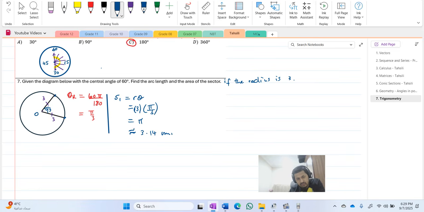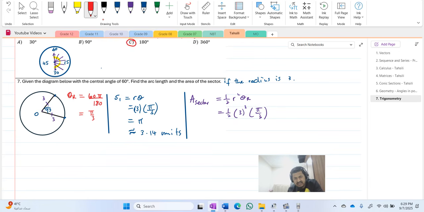Next, if we want to find the area of the sector, the area of the sector is equal to half r squared theta in radians. What's r squared? That's 3 squared, and theta in radians is pi by 3. So 3 squared is 9, over 2, times pi by 3. That's 9 pi over 6, divided by 3, we're getting 3 over 2 pi.